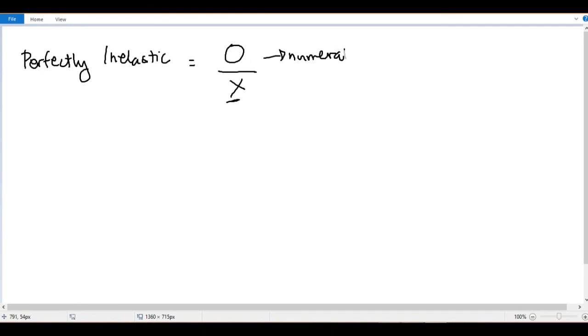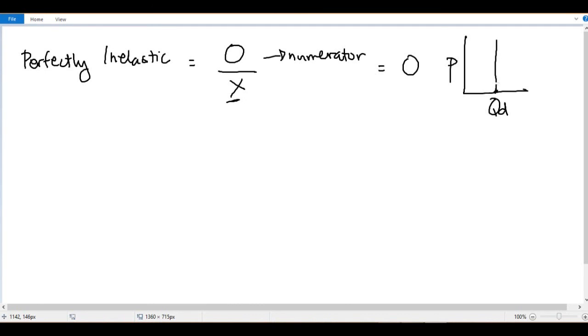Why? When 0 is divided by a number, the answer is 0. Even on your calculator, input zero: zero divided by 1 is zero, zero divided by 5 is zero. It is really zero. So the graph is just a vertical line.